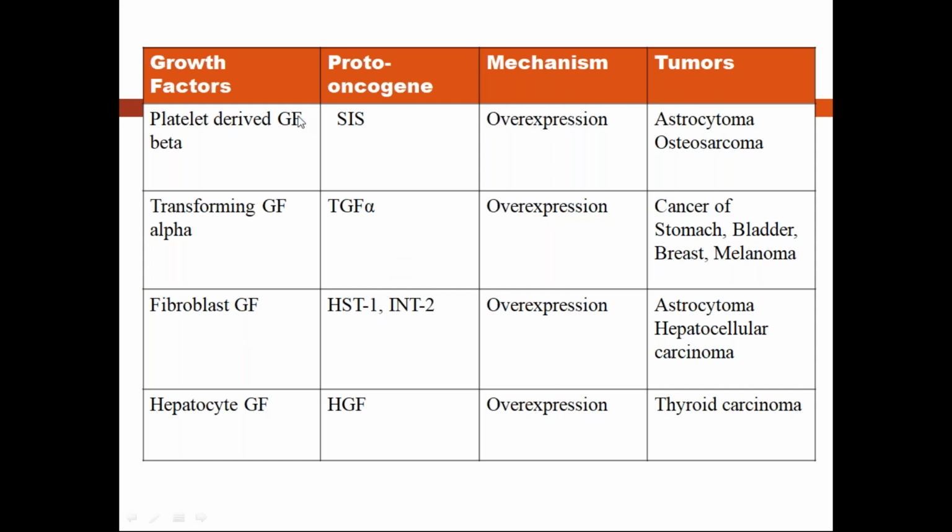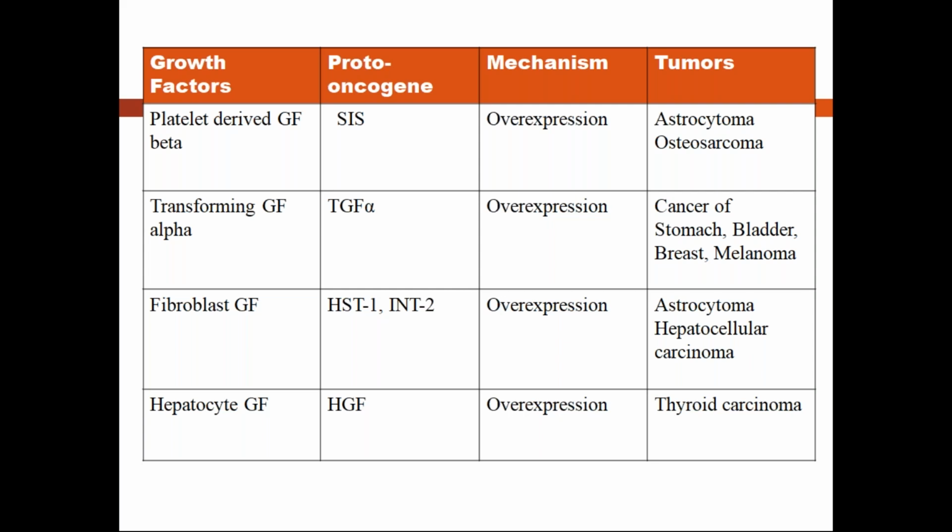What you can remember is the growth factor which is responsible for a tumor. One example of a tumor is sufficient, and the mechanism involved is the overexpression of that growth factor if that proto-oncogene undergoes mutation into an oncogene.